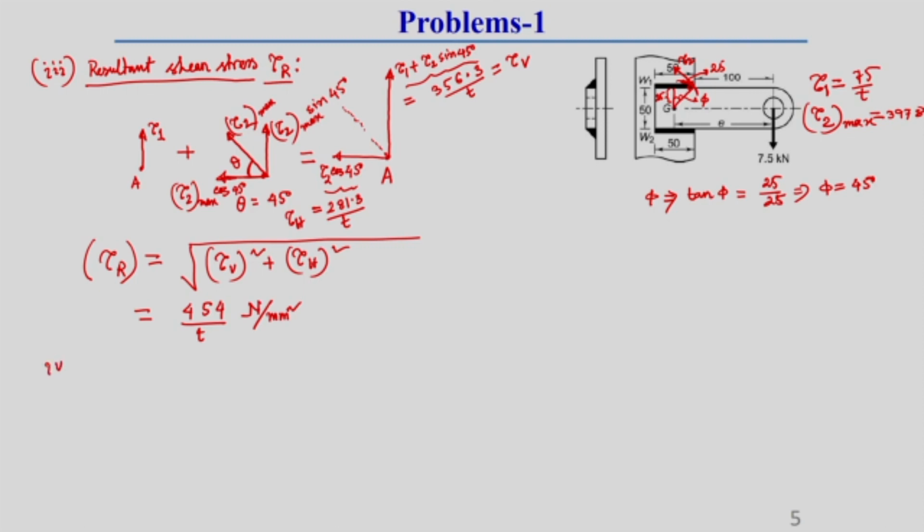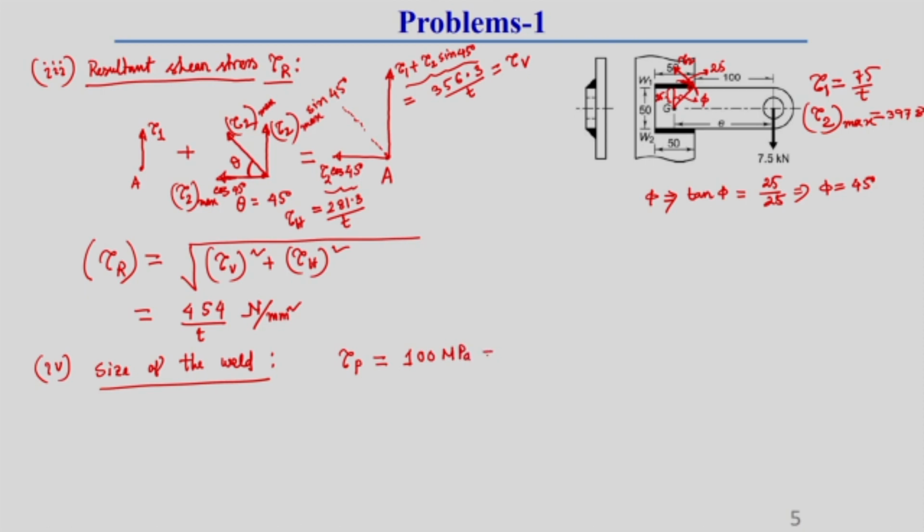Now we have to find the size of the weld. So, the fourth step is to find the size of the weld. For this, we have to use the criterion of principal shear stress. The principal shear stress is given as 100 MPa.